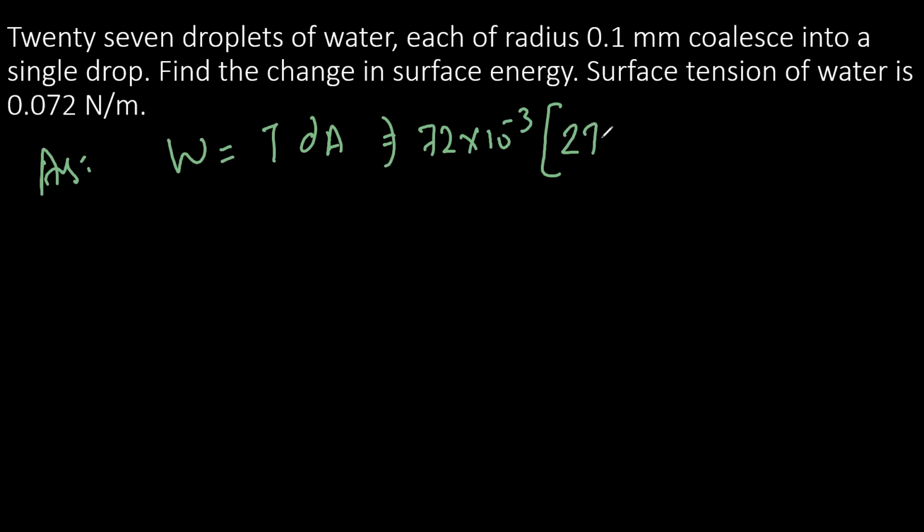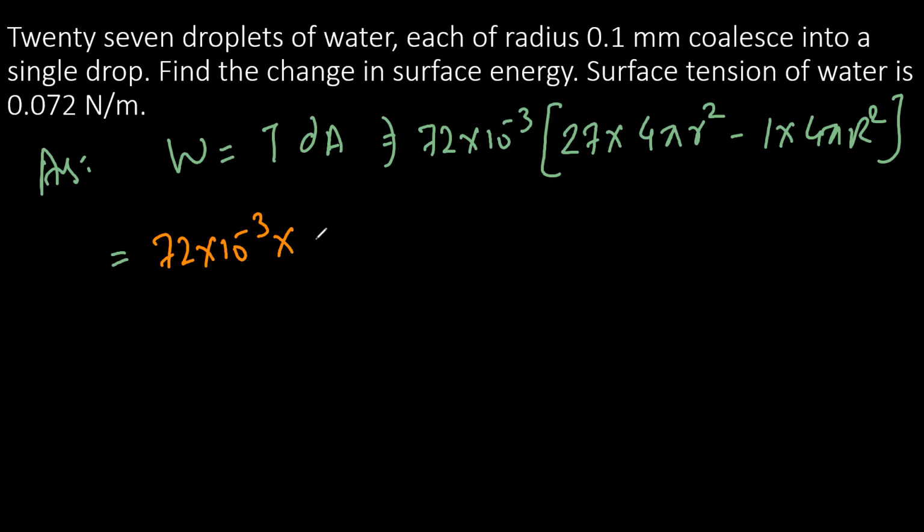So I can write 27 into 4 pi r square minus 1 only 4 pi capital R square. So you open it. I can take 4 pi common. So यहाँ पे क्या आएगा? 27 into r square. r is how much? It's 10 raised to minus 4. So it will become 10 raised to minus 8. और यहाँ पे R square 3 into 10 raised to minus 4 ना, so it become 9 into 10 raised to minus 8.